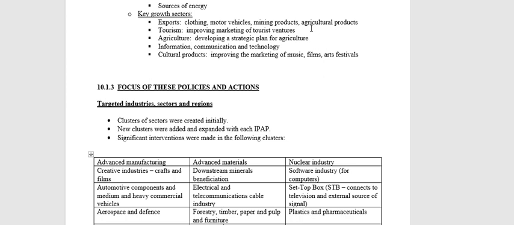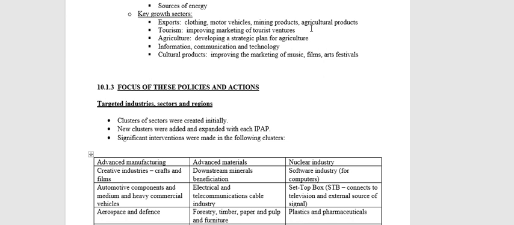Then mining and agricultural products that we are exporting. Remember, the focus here is on value-added products, not mining commodities. We take the gold, we turn it into jewelry, and we export that. Same with agriculture: value-added exports.